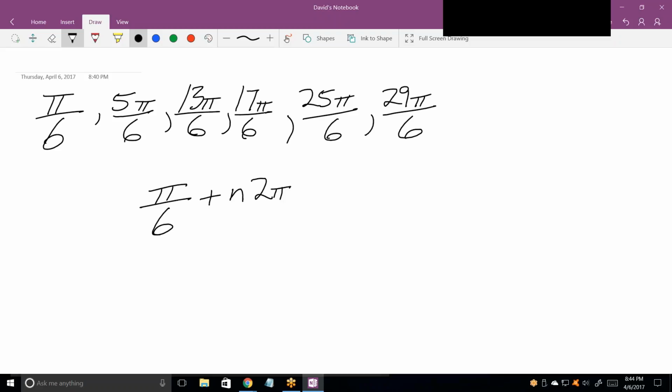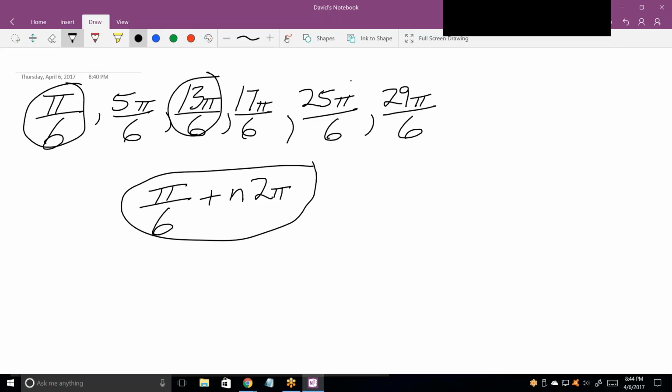Now they may use k instead of n. Do they? No. This is an infinite series that covers that answer, that answer, that answer, and all the answers out to infinity.